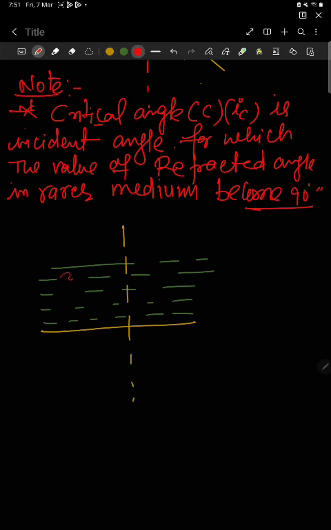So critical angle means what? The value of the angle of incidence for which the refracted angle, of this refracted ray, will become 90 degrees. At that time it is called the critical angle.